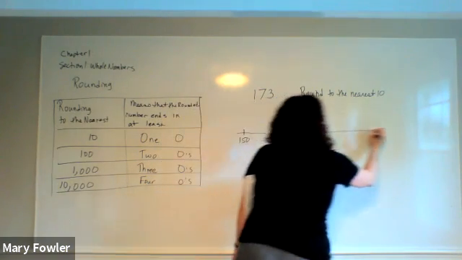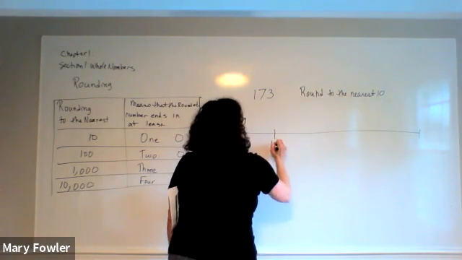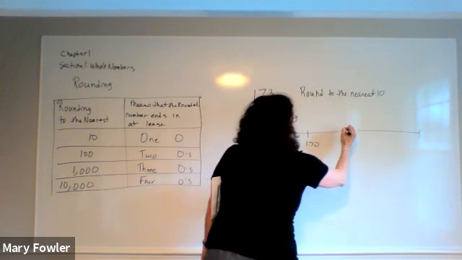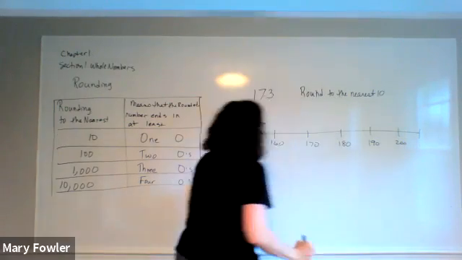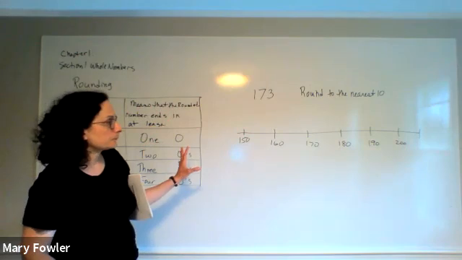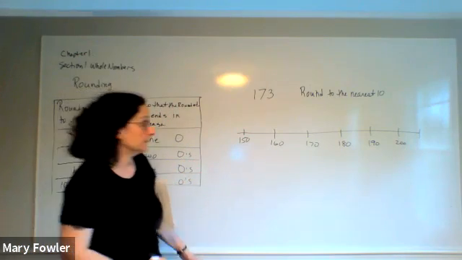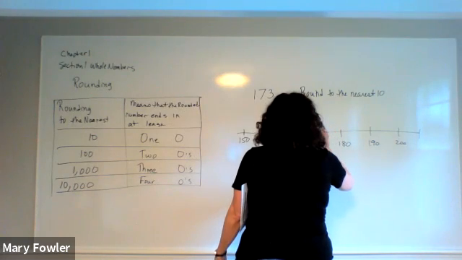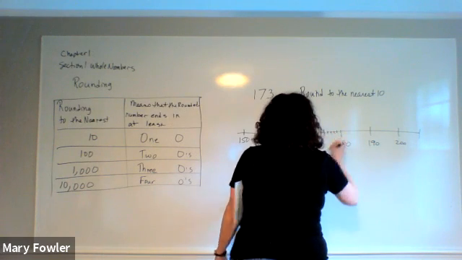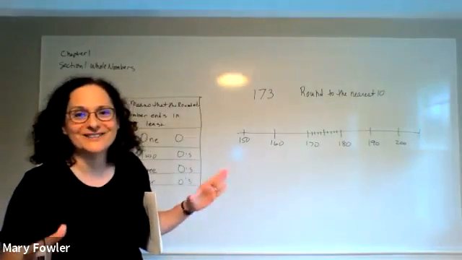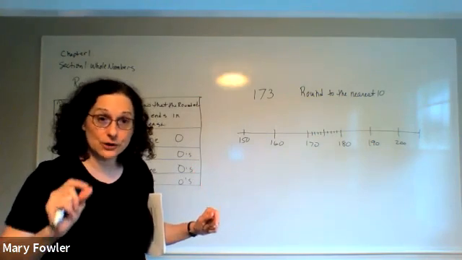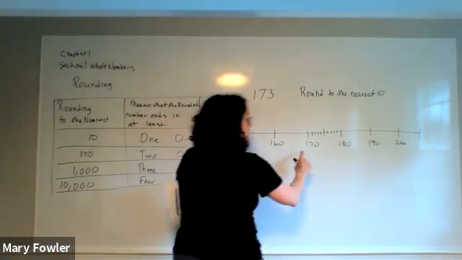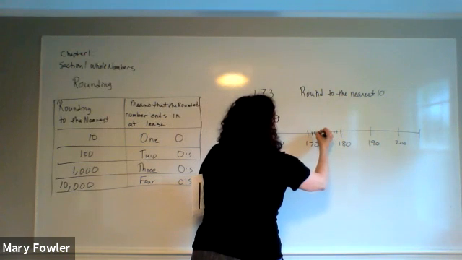Maybe we have this number line here, and it goes 150, 160, 170, 180, 190, 200. I want to find 173. I took the interval from 170 to 180 and put little tick marks for each of the whole numbers between 170 and 180. And 173 is right here, so I'll make a big circle.